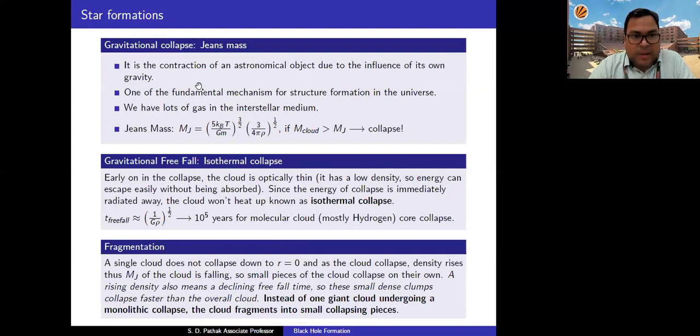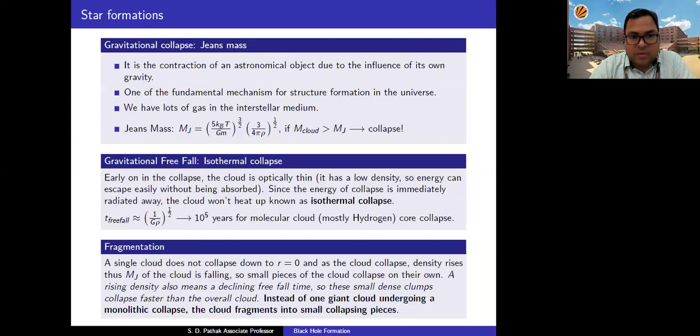Gravitational collapse means the interstellar medium starts to collapse by its self-gravity, right? Due to fluctuations and contractions of the almost stationary interstellar medium, it starts to collapse. The mass is calculated from the Jeans instability theory.